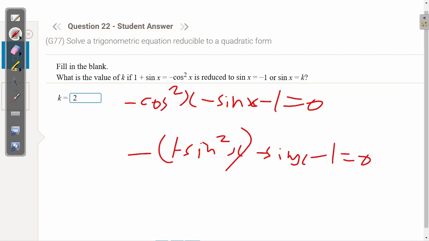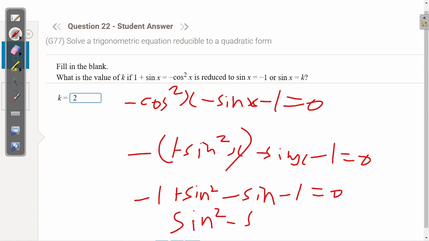So then we switch all the signs inside. Negative 1 plus sine squared minus sine minus 1 equals 0. Minus 1 minus 1, it's minus 2. So sine squared minus sine minus 2 equals 0.